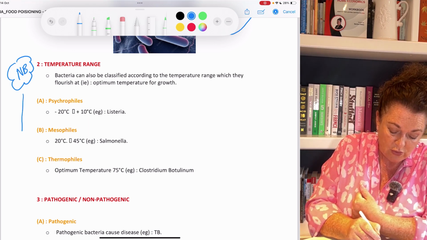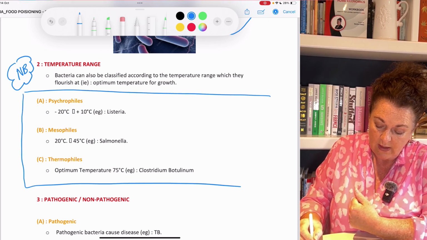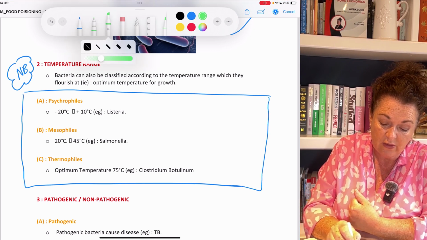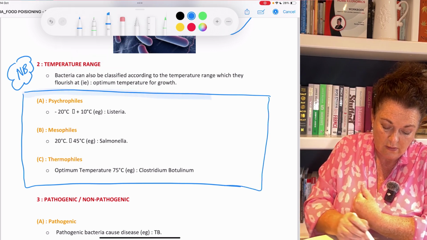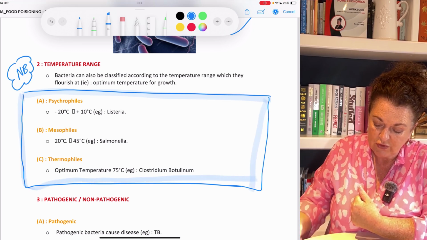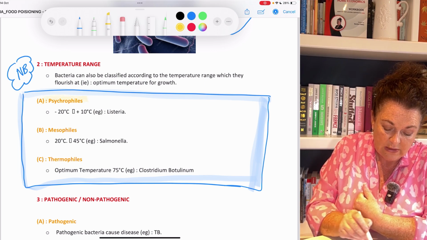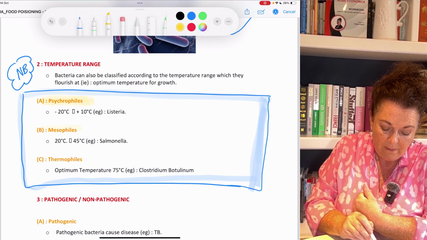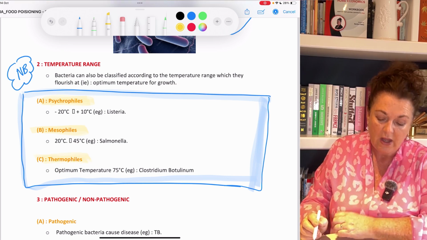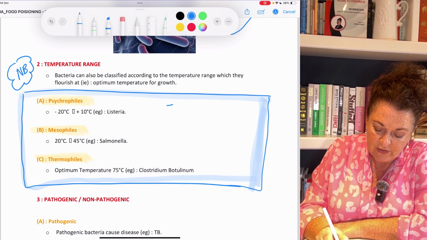So we have what are called psychrophiles, mesophiles, and thermophiles.